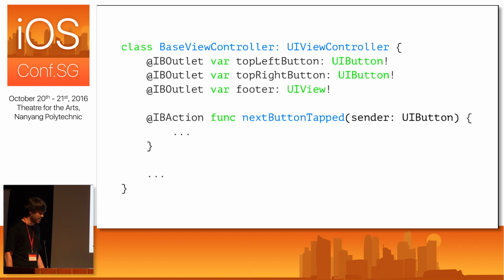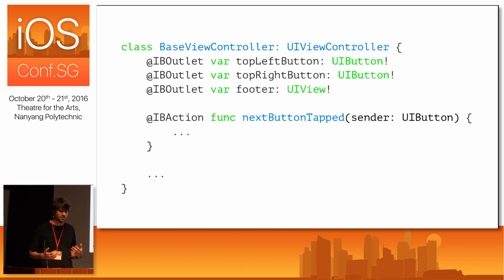But before we look at how that cleans everything up, I think it's worth thinking about what makes sense to share from our original example. I intentionally made this example maybe not the best, but it's not really useful to share outlets between a lot of levels of view controller inheritance, right?